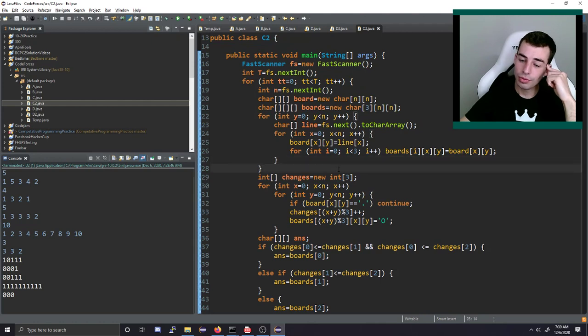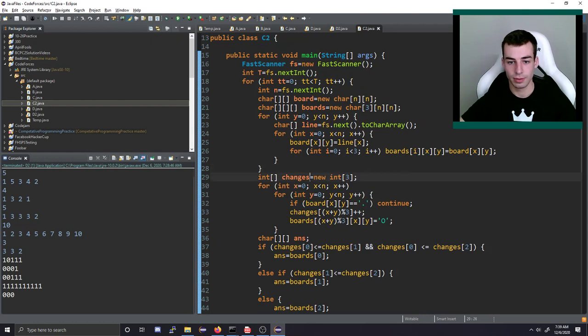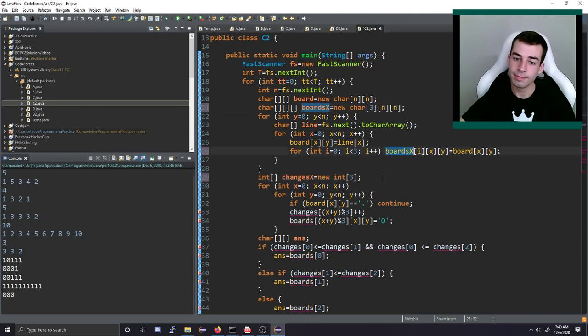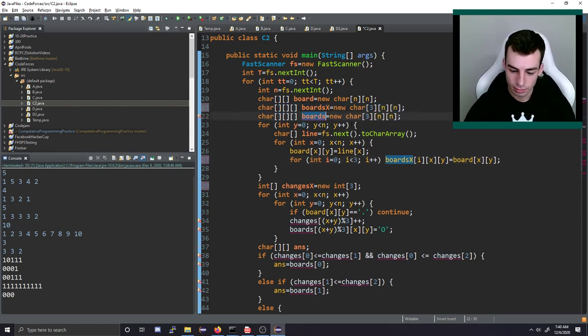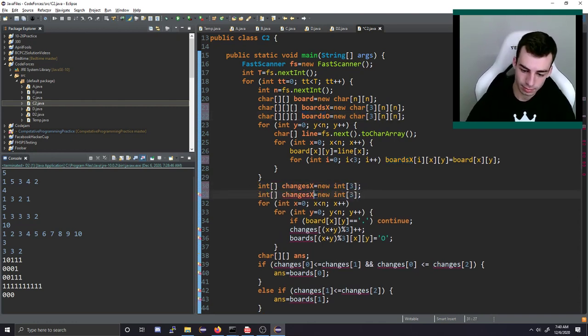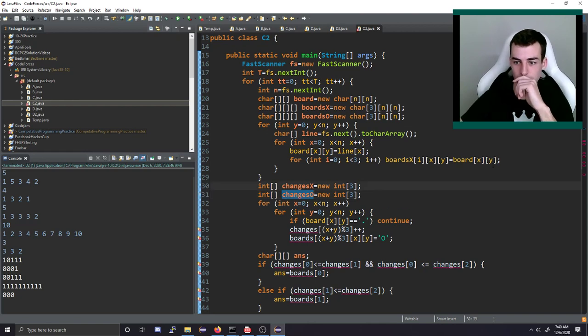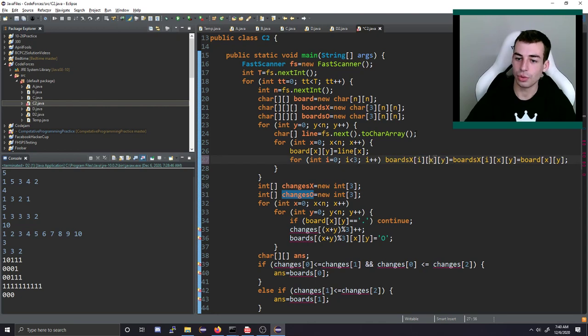Do I have a proof? No, I don't have a proof. Maybe I'll make a brute forcer. This is cool. This is such a cool problem. Or if this is right, it's such a cool problem.